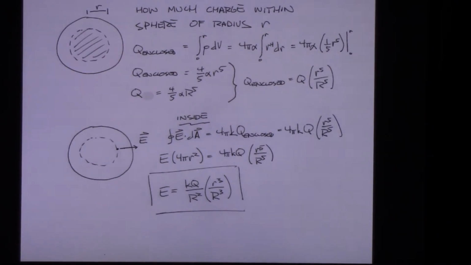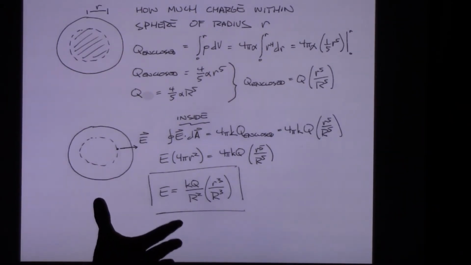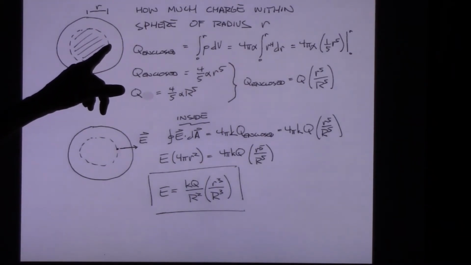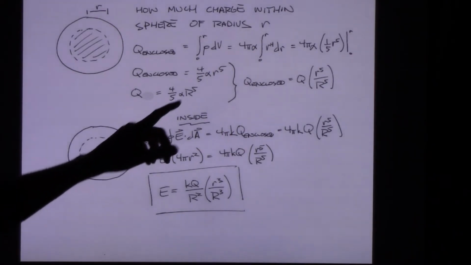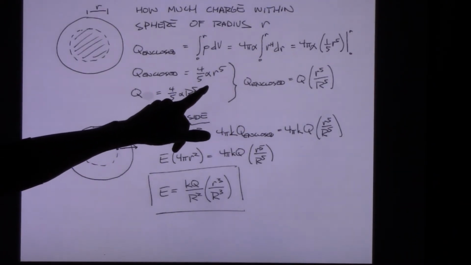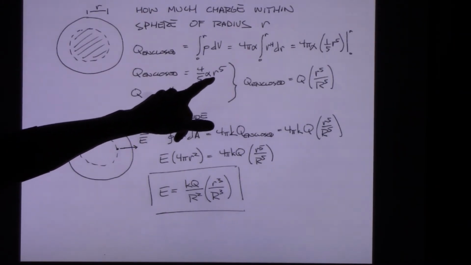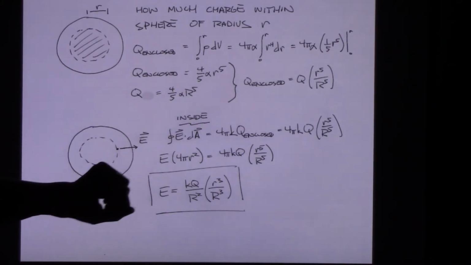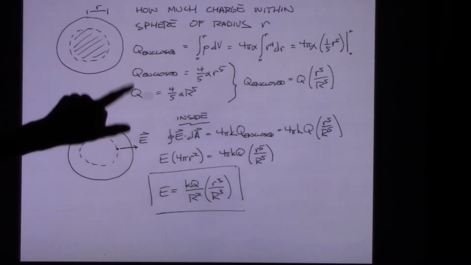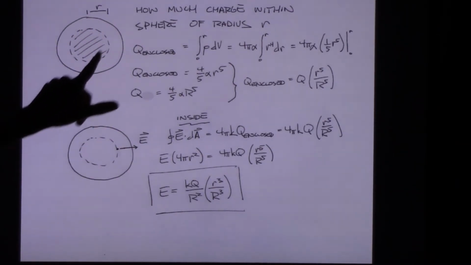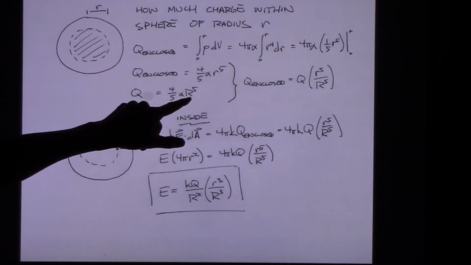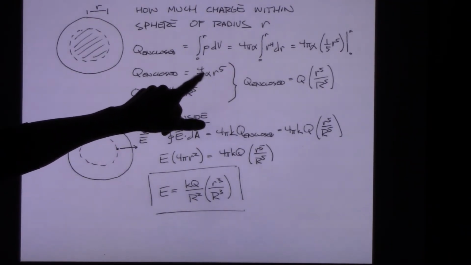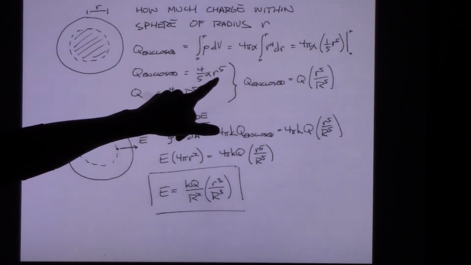Instead of going from 0 to big R all the way to the surface, we only want to enclose the charge within the Gaussian surface. So this is going to give us the same formula, 4/5 pi alpha r to the fifth, but now it's little r. So the entire sphere of charge carries a charge 4/5 pi alpha big R to the fifth. The enclosed charge is 4/5 pi alpha little r to the fifth.